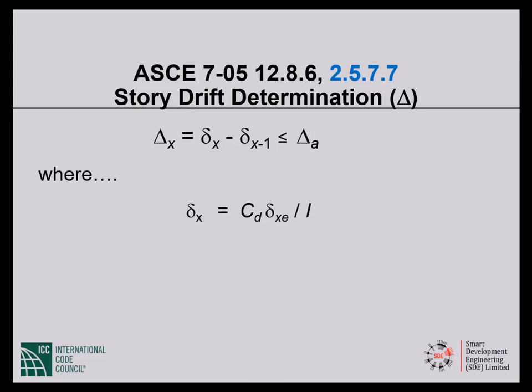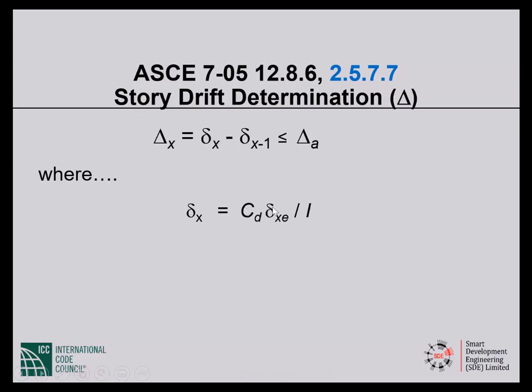Once by instituting a tighter drift limit for a more important building, and second time by calculating a larger drift for an important building, because the forces under which you are calculating the drift are enhanced, are increased by an importance factor I. So we divide the computed deflection by the importance factor.